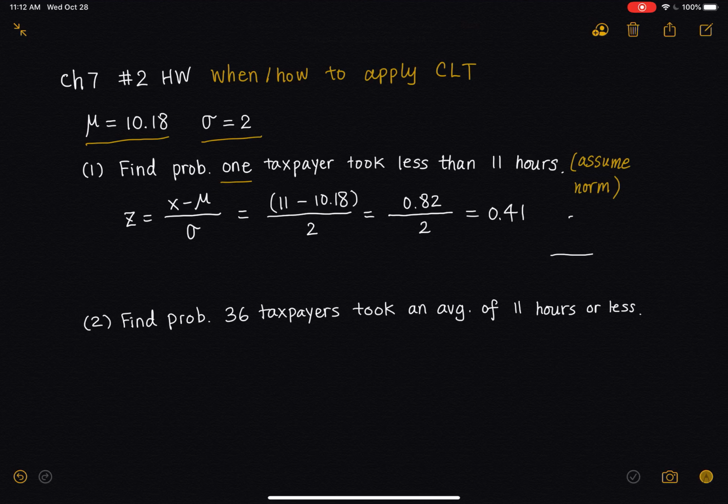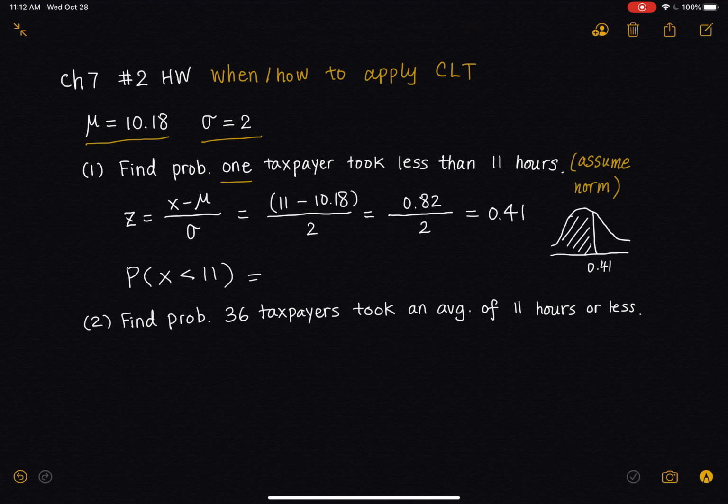And in that case, you can draw a normal distribution, and you know a z-score of 0.41 is a little bit to the right because it's positive. And if you're talking about less than, we're looking at the probability to the left-hand side. So we need to use a z-table to find a probability that a random data point is less than 11.